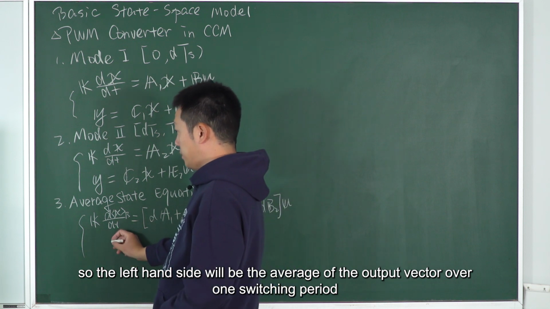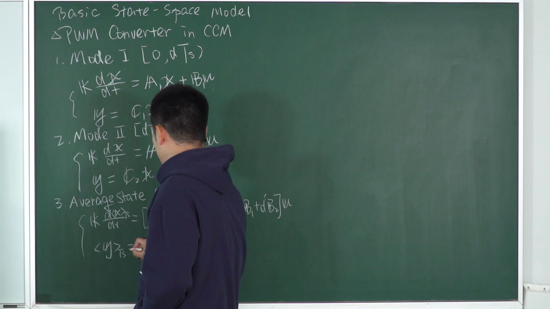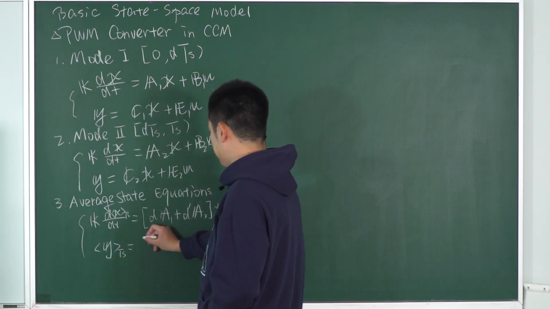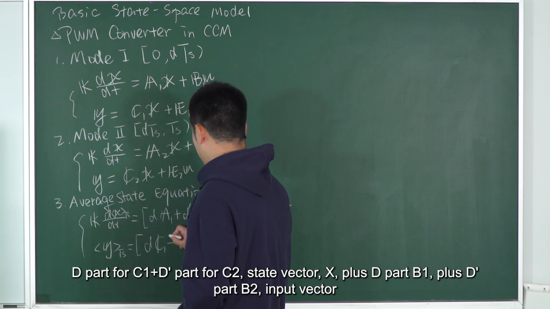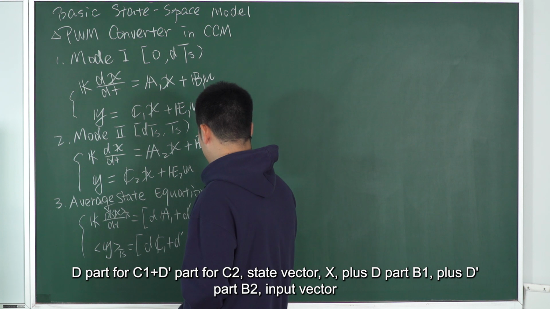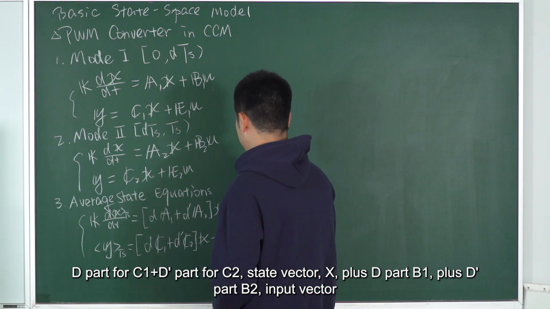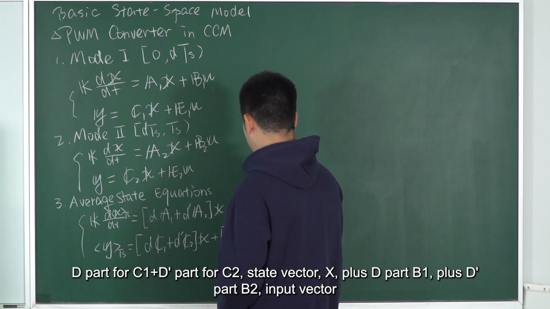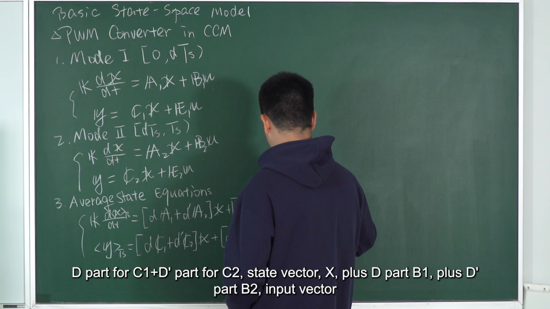The left-hand side will be the average of the output vector over one switching period. The right-hand side will be D times C1 plus D prime times C2, times the state vector x, plus D times E1 plus D prime times E2, times the input vector.